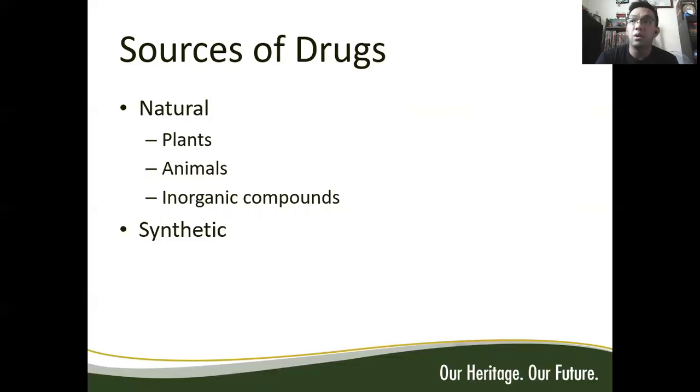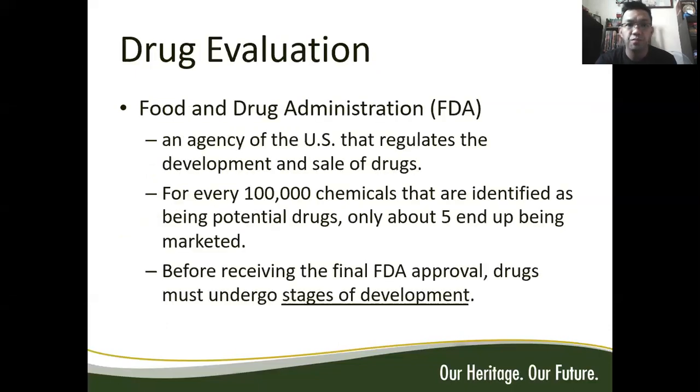Inorganic compounds are also used for the manufacturing of drugs. And if there is a low resource on plants and animals, scientists can create a synthetic drug, which is quite similar to the molecular makeup of the natural sources of drugs, but they are laboratory prepared instead of being found in nature.